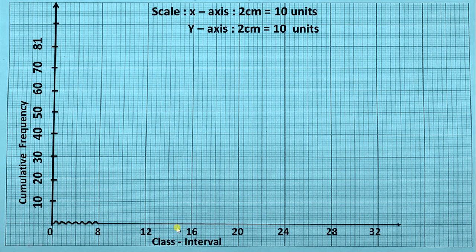X-axis is defined as 2 cm as 10 units, and y-axis is defined as 2 cm as 10 units. The class interval begins with 8, so the first box should be marked with a zigzag line. Start marking the cumulative frequency from 12, all the upper limits, and hence we have to draw an ogive.